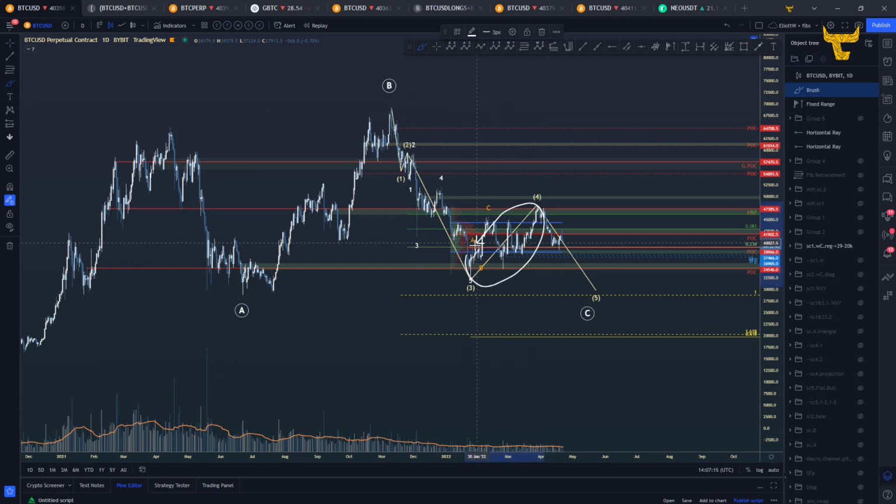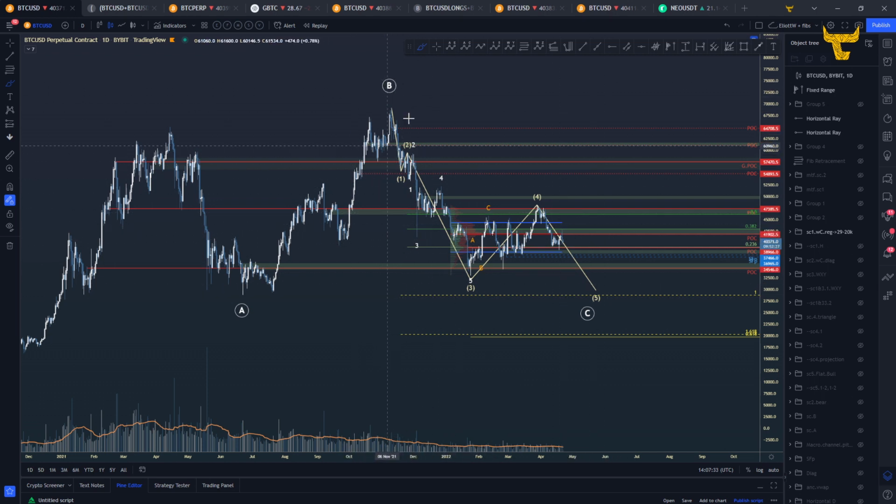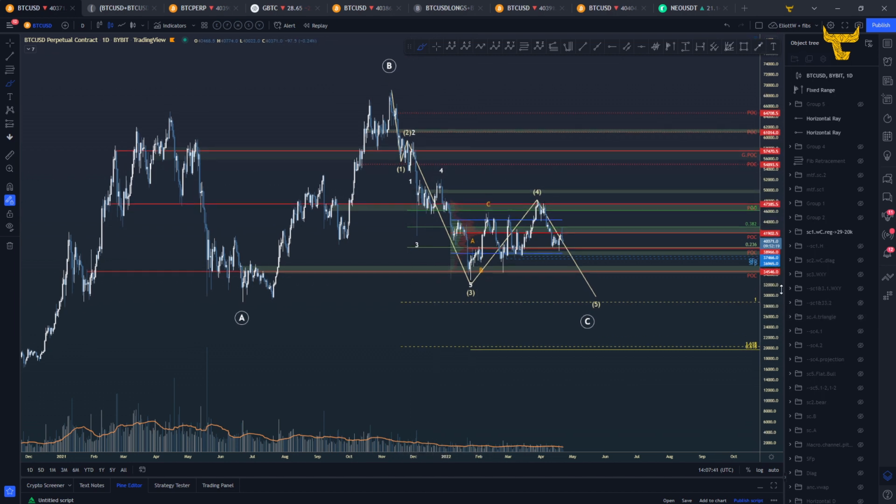I'm going to repeat it, but yes, we have a wave 4 that is pretty long in time and in length compared to the wave 2 here. So it is always iffy to count waves like this. We like to have some kind of symmetry, but nonetheless it is a valid one.